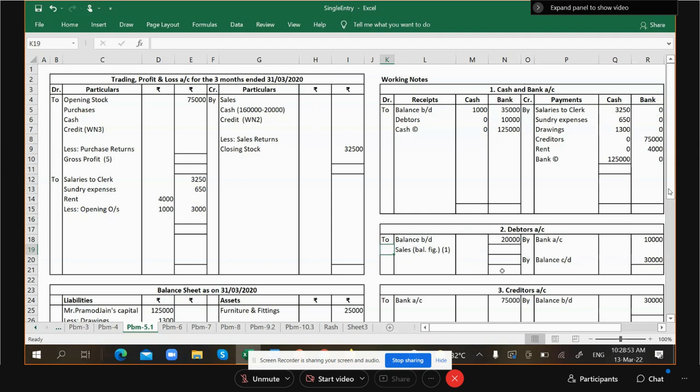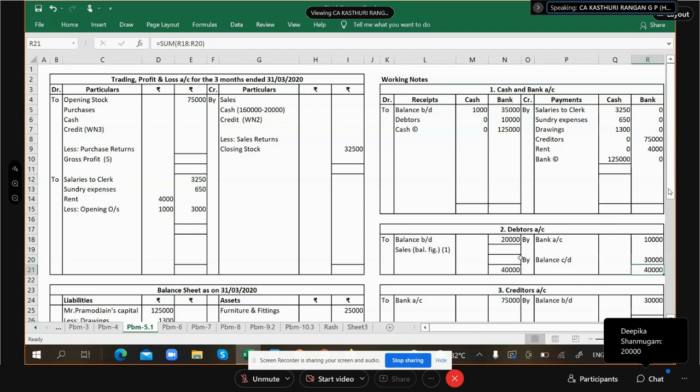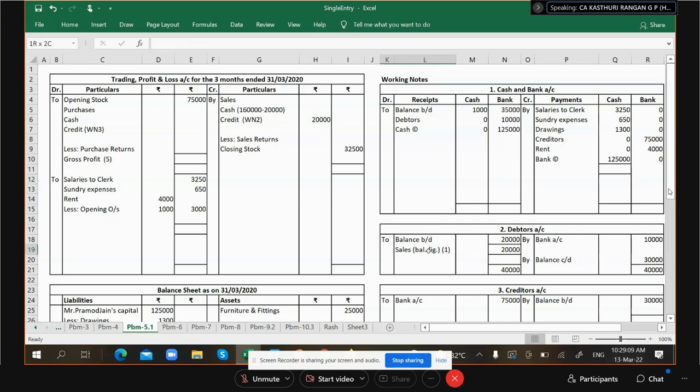Debtors account debit, to sales account. That will be the balancing figure. Total 40 minus 20 is credit sale. Where will you put the credit sale? In the trading account. So by balancing the debtors account, you got the credit sales.